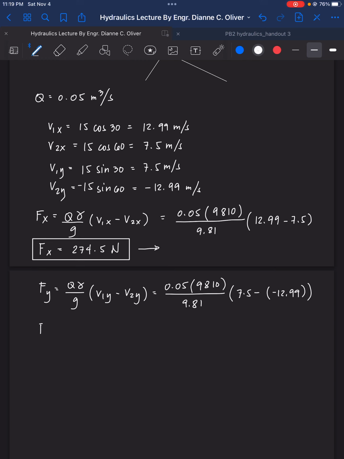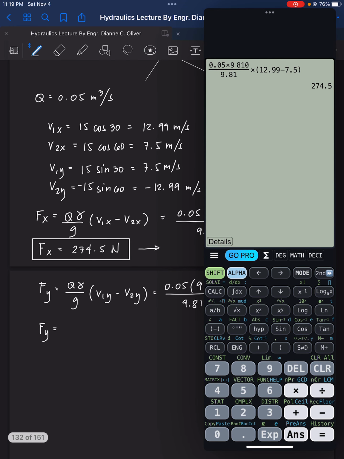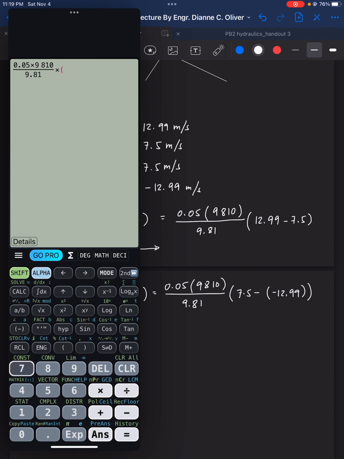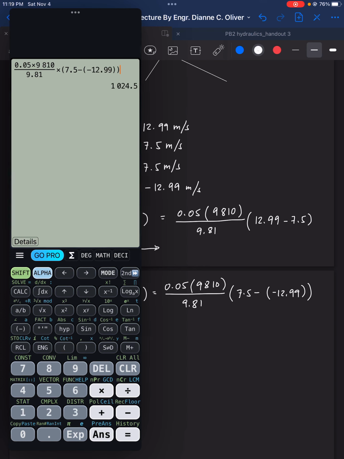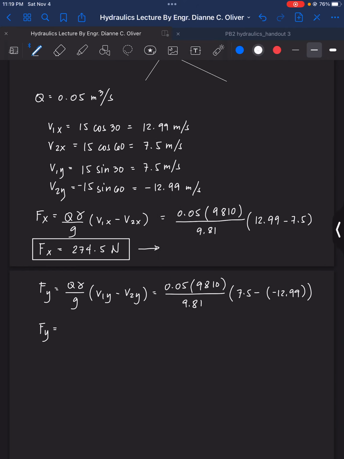So Fy is equal to 7.5 minus negative 12.99. So 1024.5 Newton.